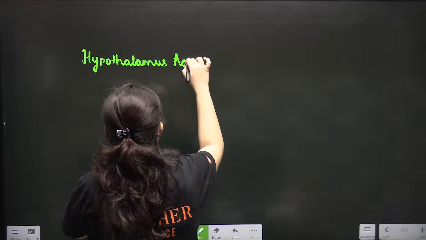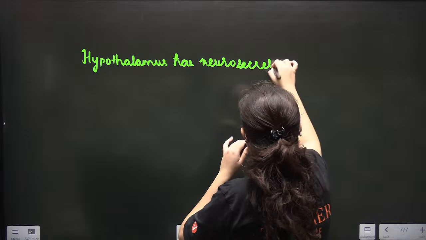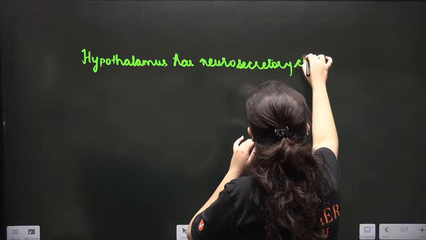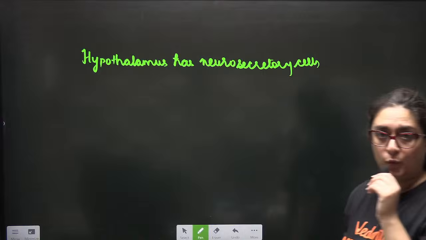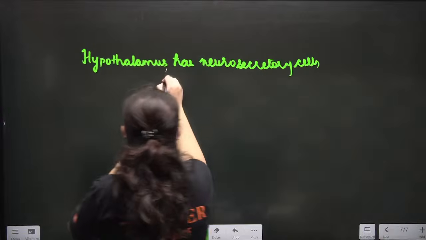has neurosecretory cells. For what? They secrete hormones and send them to the posterior lobe of pituitary, which is a part of the endocrine system.